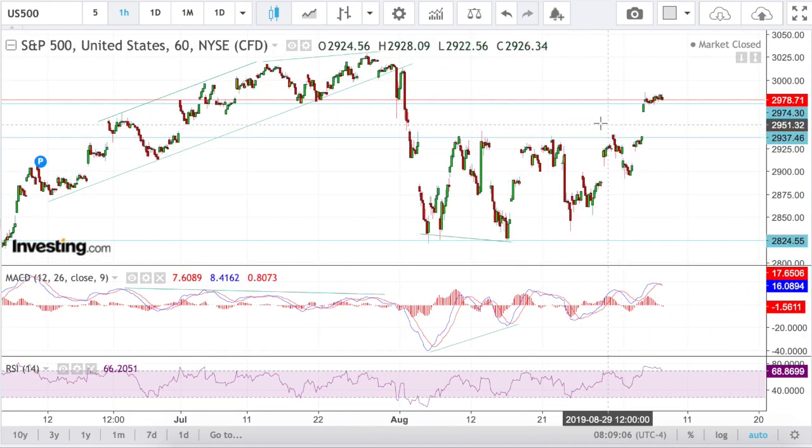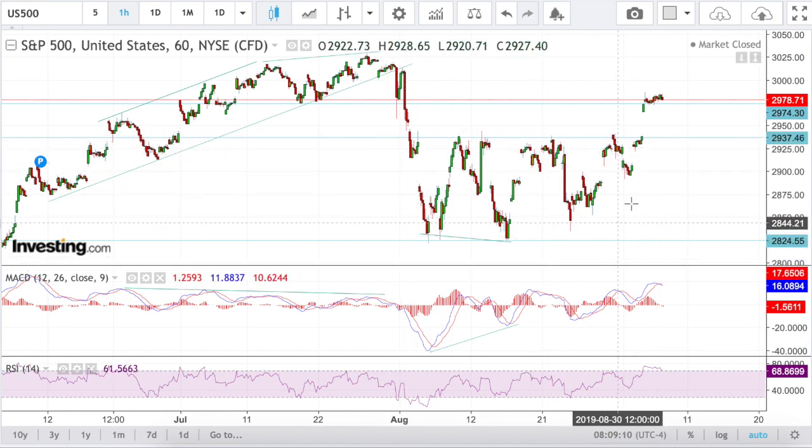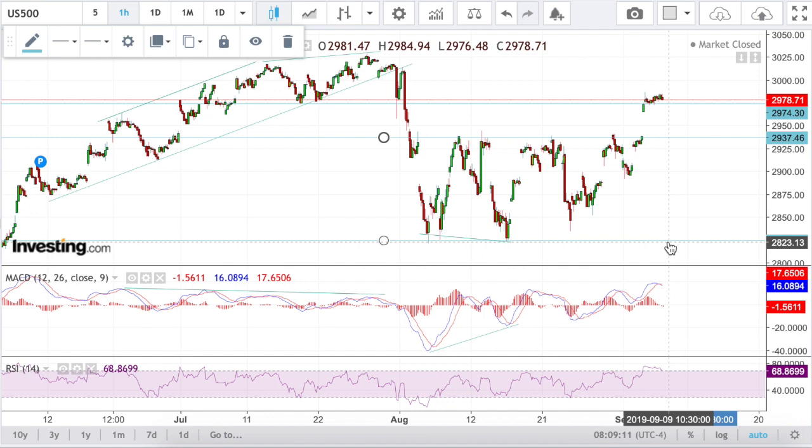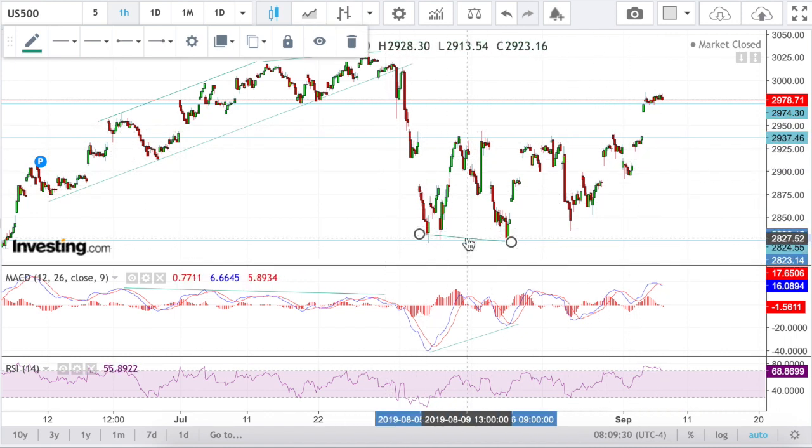So now obviously we are in this consolidation. We were in this consolidation range between the resistance and the support level, and we broke out recently out of this price channel. And you can see here we actually had a divergent low.